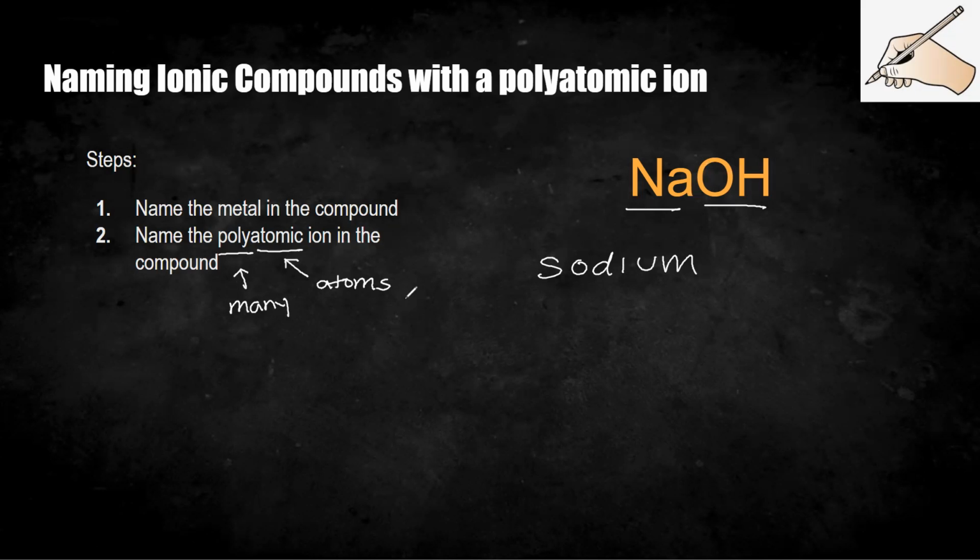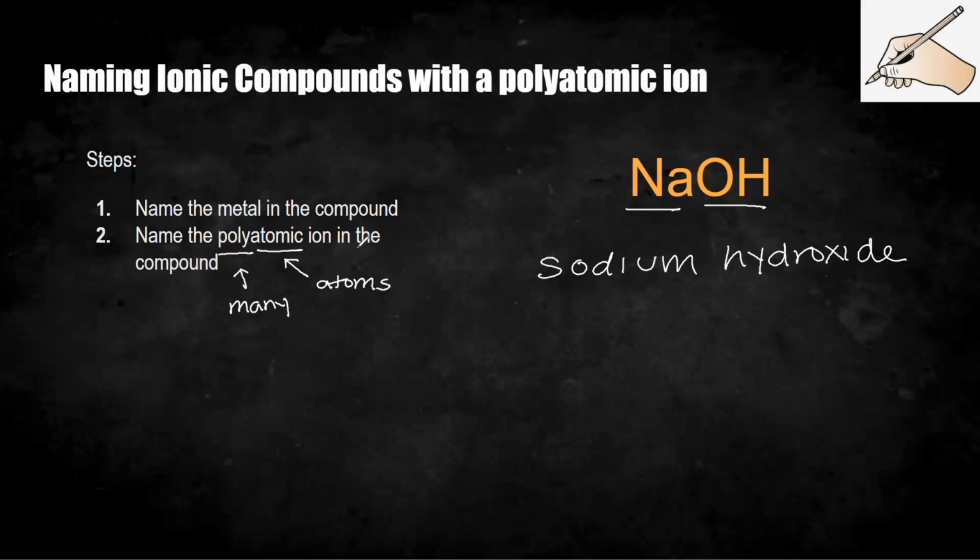Our second step is to name the polyatomic ion. OH is an ion that has a -1 charge, and we call that hydroxide. So our name for the compound is sodium hydroxide.